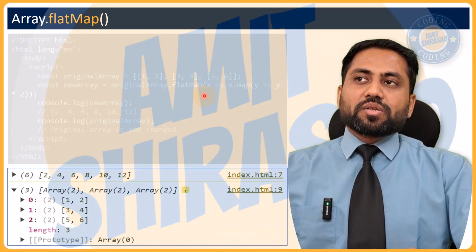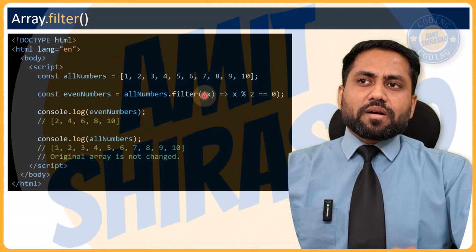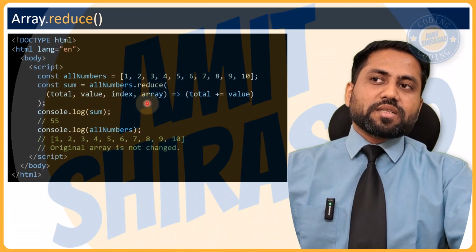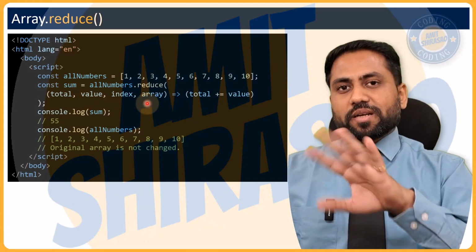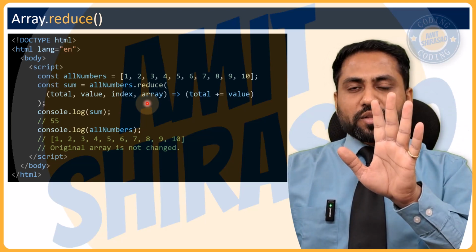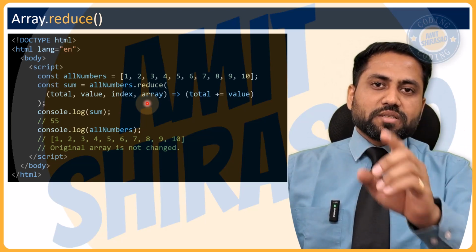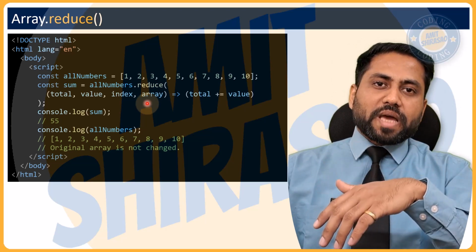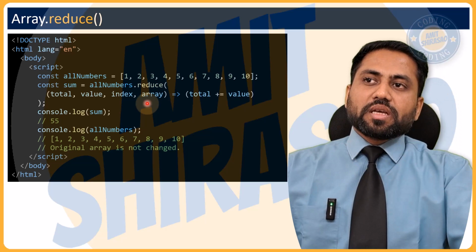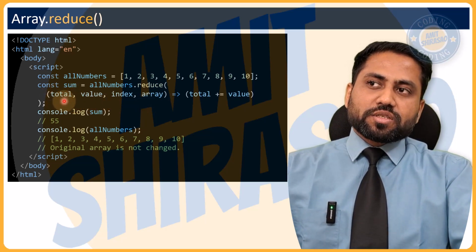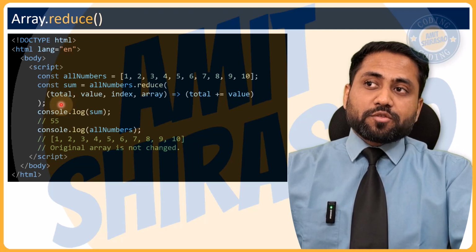Only in the case of reduce have I shown it very explicitly, but otherwise even in filter and map the same thing applies. Wherever there is a callback, you can always have these three parameters passed to it: value, index, and array. Got the idea? But here there is one more parameter, which is total.